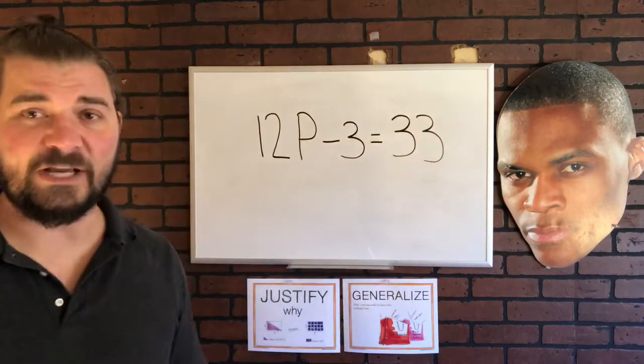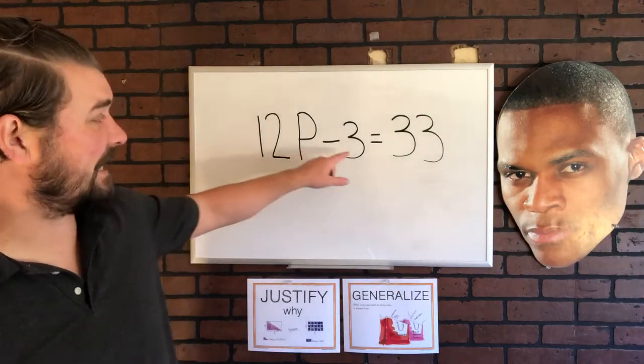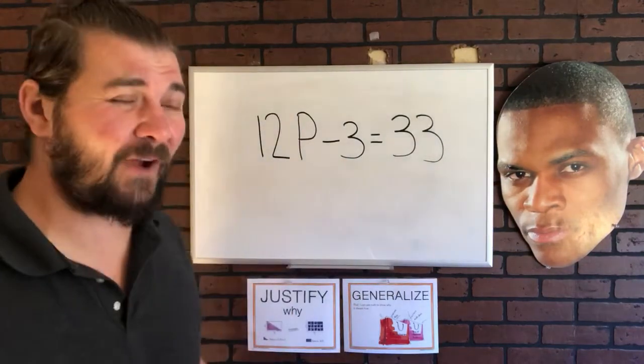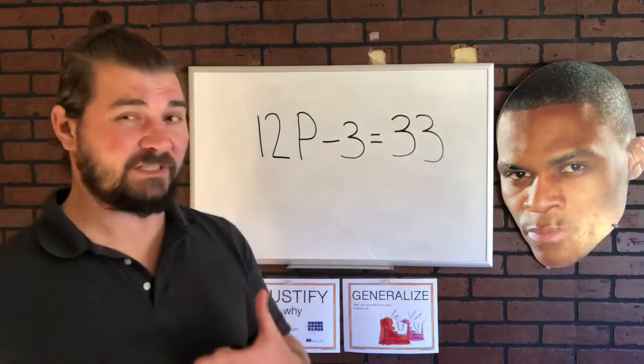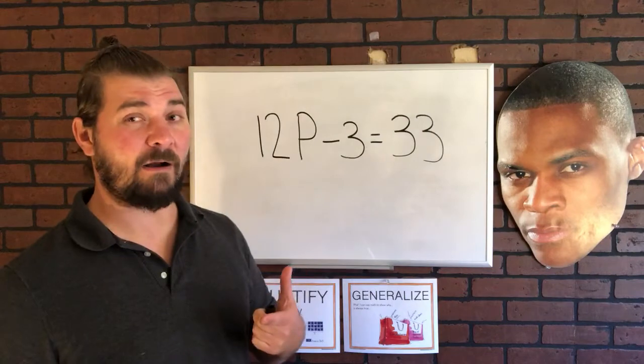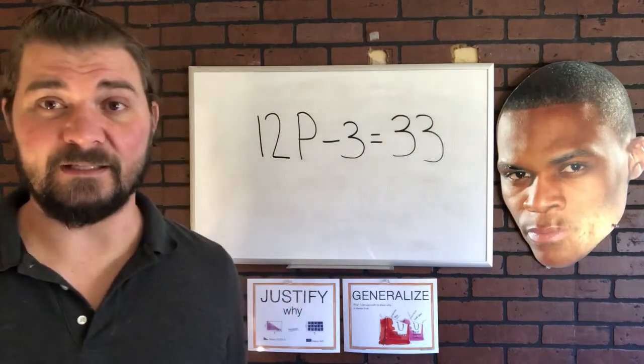Now here I've got this equation up here, 12p minus 3 equals 33. And the first thing we need to do is identify some vocabulary that's used in algebra to help us know what we're talking about so we can communicate in the same way.